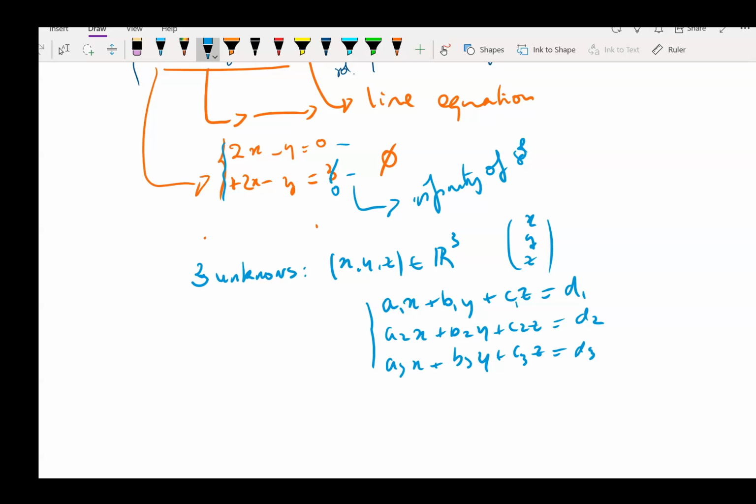I don't have squares or higher powers. I don't have anything more than just multiplying the unknowns by a constant. Well, you already know that these are plane equations. Okay, so you see where I'm going. This is going to give you the same kind of situations as the one we had earlier in the plane.